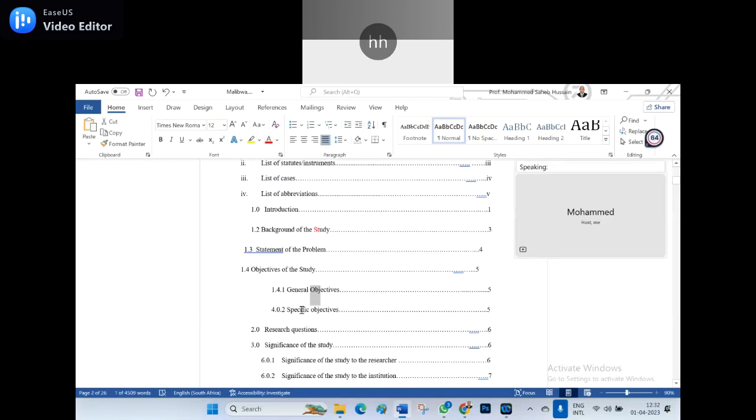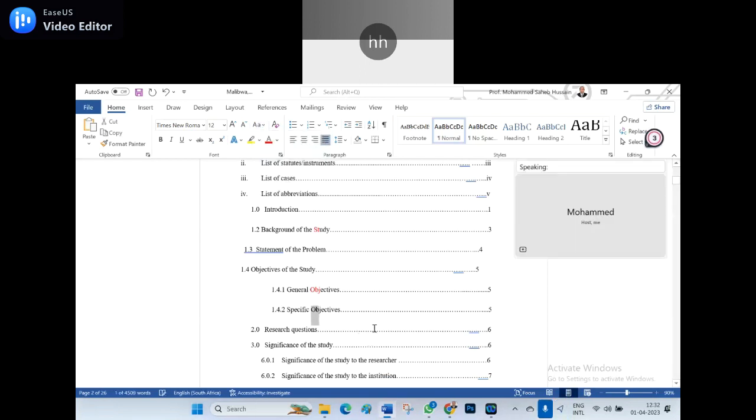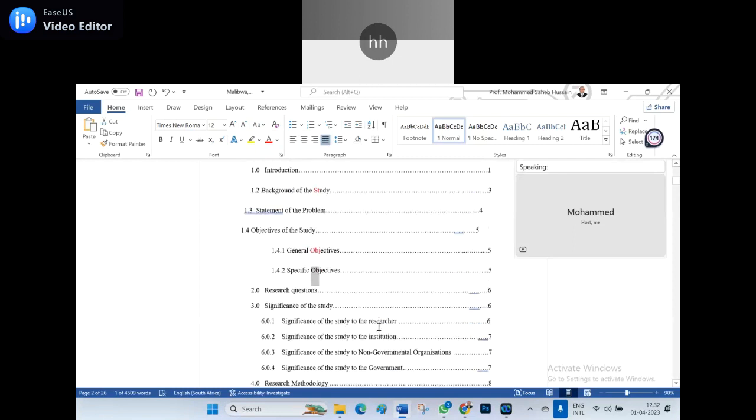So then the specific objective becomes 1.4.2, the specific objective, and O should be a capital letter again. I think you did not watch my earlier YouTube lessons, because there I clearly mentioned this.